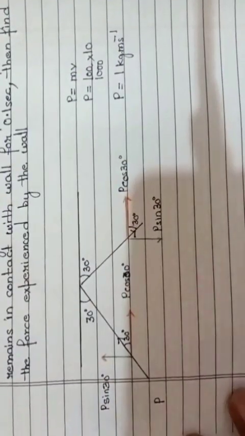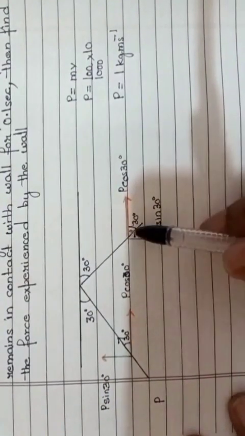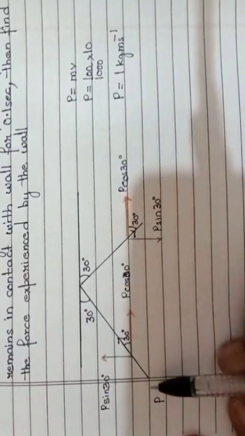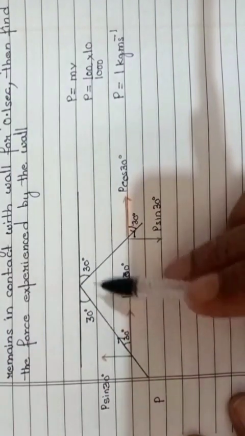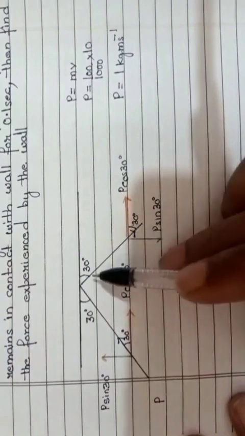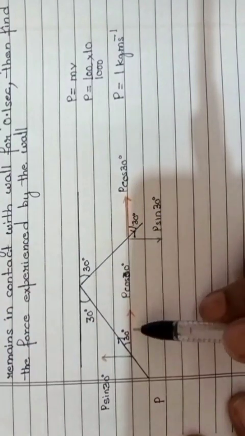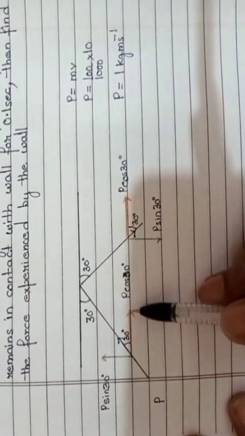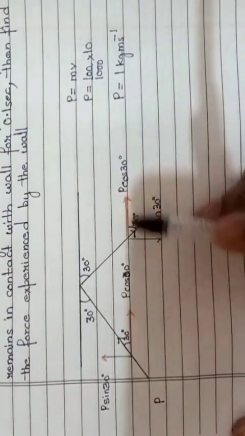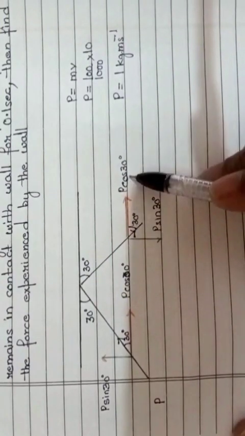Okay, now if you see in the diagram, then you will find that these two horizontal components, while the ball is traveling towards the wall and the other when the ball is traveling away from the wall, they are in the same direction.